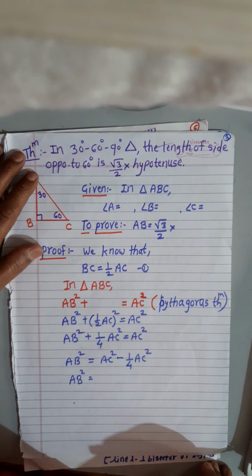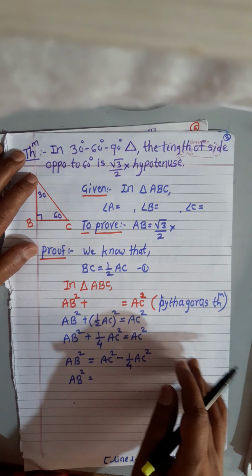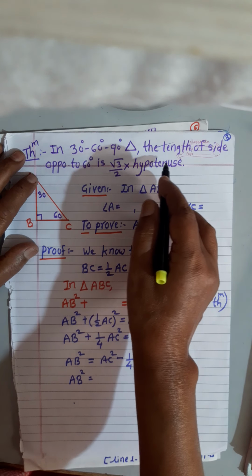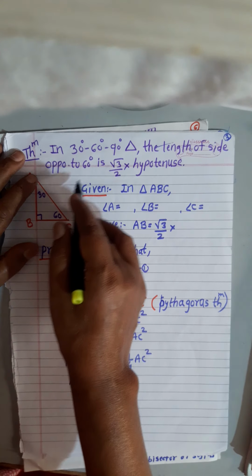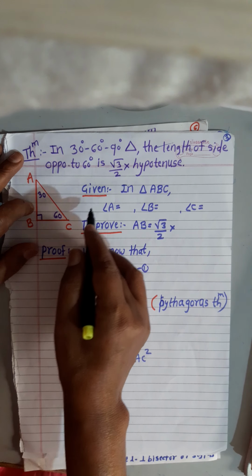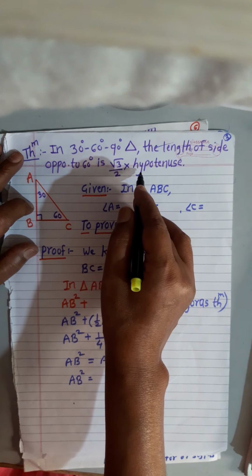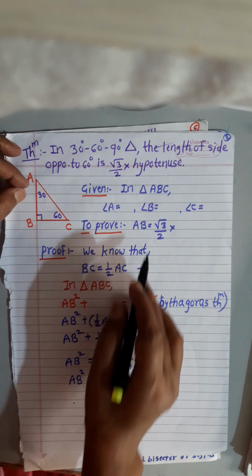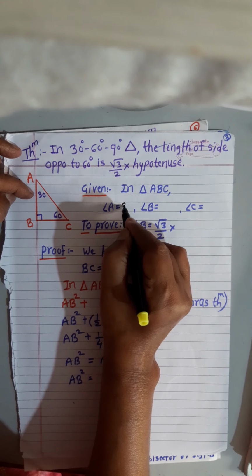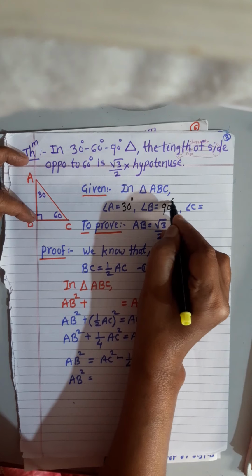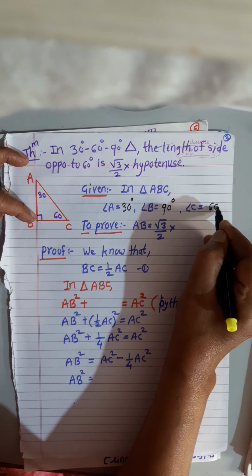What is that? In a 30-60-90 triangle, the length of the side opposite to 60 degrees is root 3 upon 2 into the hypotenuse. Then what is given? In triangle ABC, A equals 30 degrees, B equals 90 degrees, C equals 60 degrees.